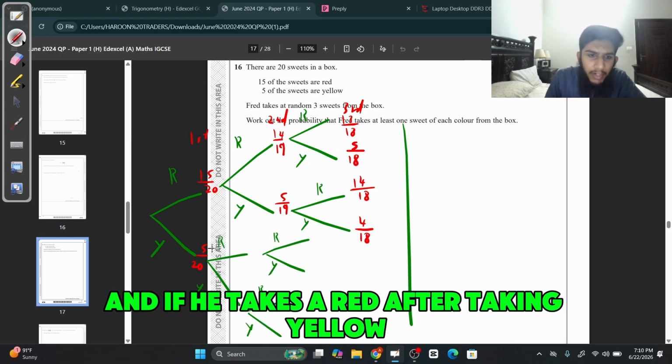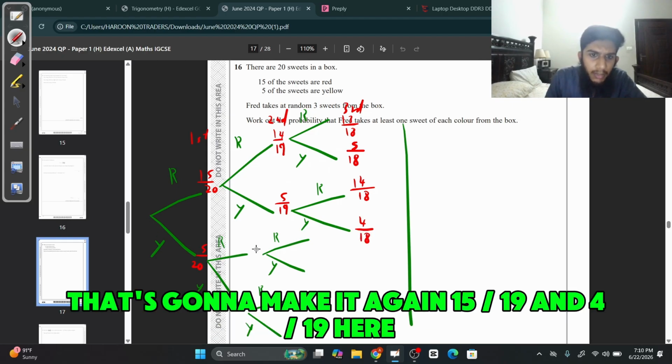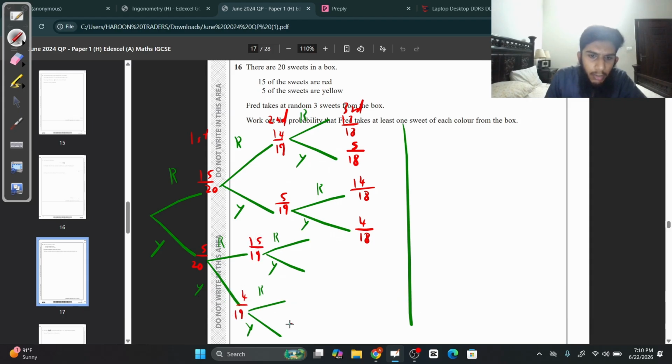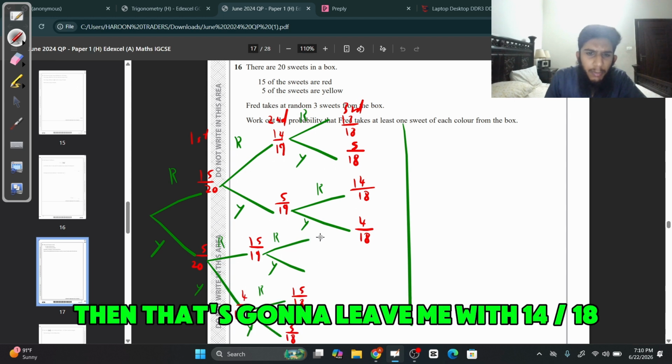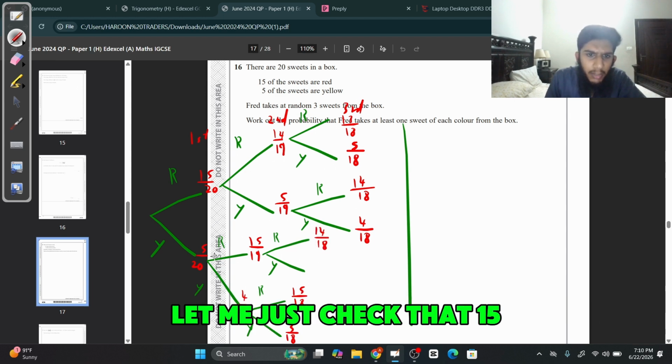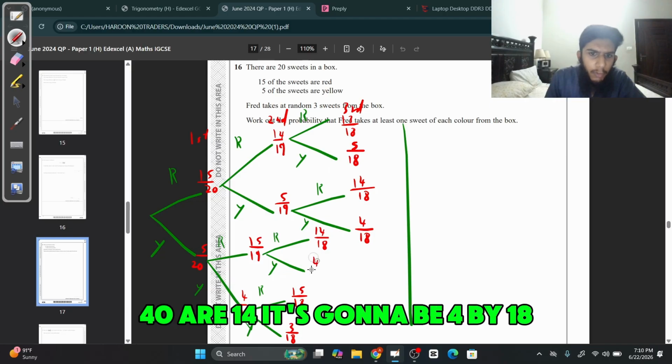Okay, and if he takes a yellow and then a red, that's going to make it 15 divided by 19, and 4 divided by 19 here, 3 divided by 18 here, and 15 divided by 18 here. If you take a red, then that's going to leave me with 14 divided by 18. Let me just check that. Yeah, 14. It's going to be 4 by 18.